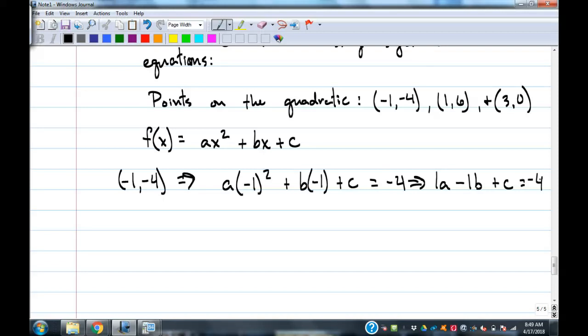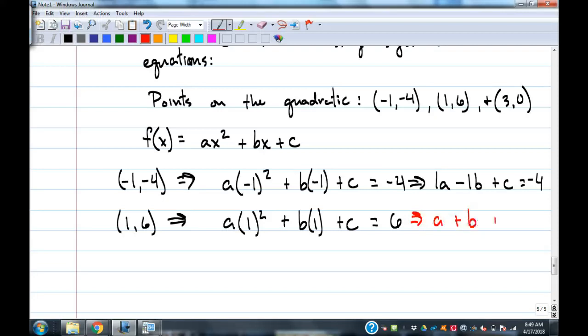We've created an equation using the first ordered pair. Let's create an equation using 1, 6. A times 1 squared, b times 1 plus c equals 6. The equation we have: a plus b plus c equals 6.